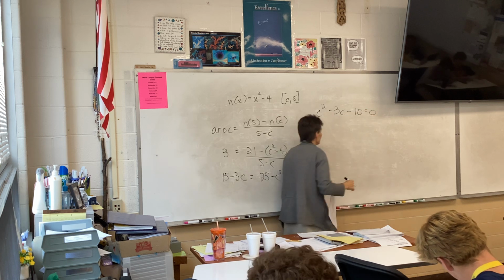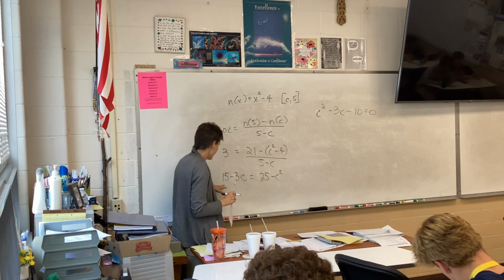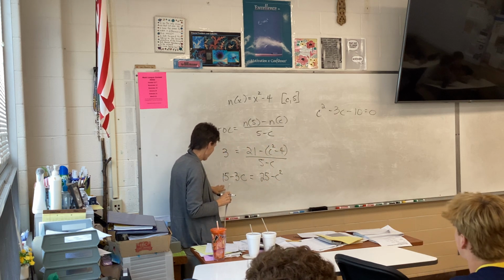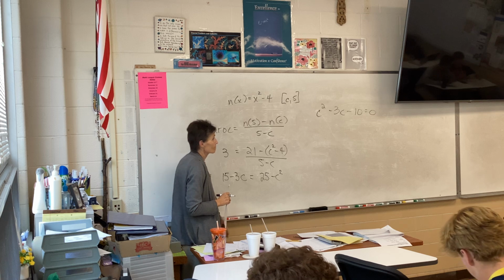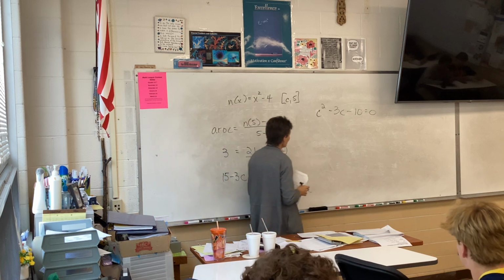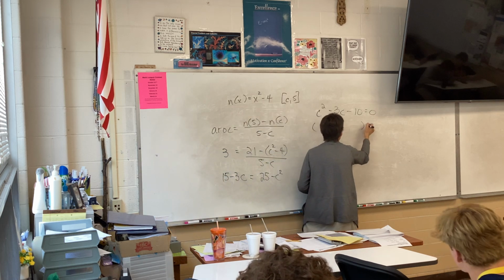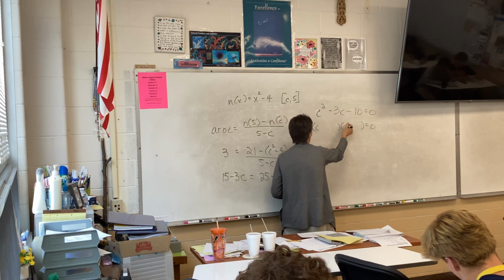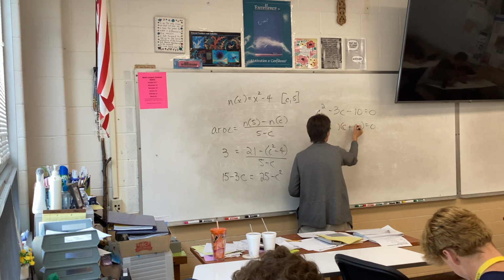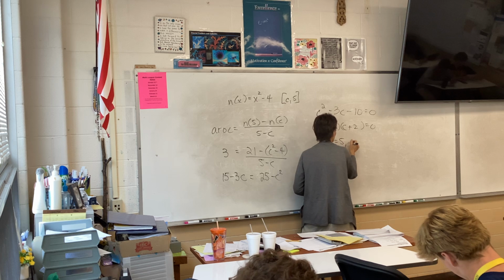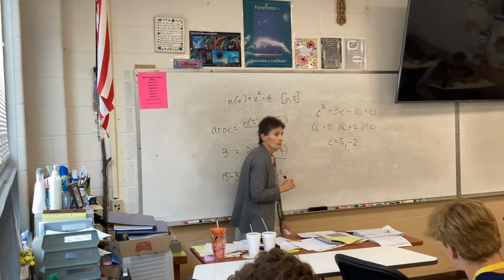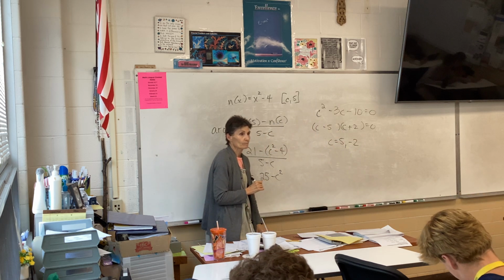Did I do that right? I moved everything over here. Does that factor? Yeah. And you can always use the quadratic formula. This one happens to factor. So it looks like C is 5 or negative 2.